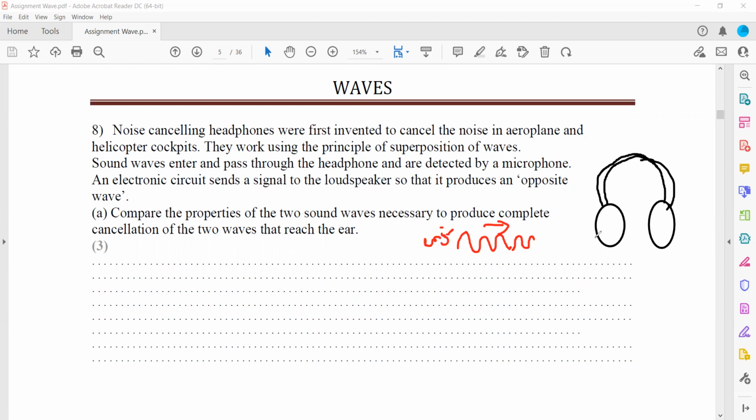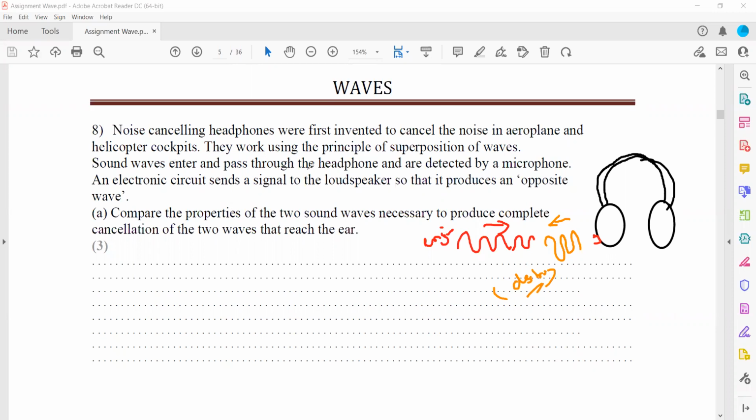To cancel this out, the headphones produce a sound of the same frequency but in anti-phase, opposite phase. So when the two travelling waves combine, they cancel out the effect of each other. If they are in anti-phase, there will be destructive interference, and as a result the pilot won't be able to hear any noise from the engine. So they work using the principle of superposition.